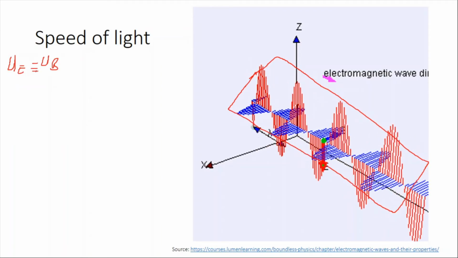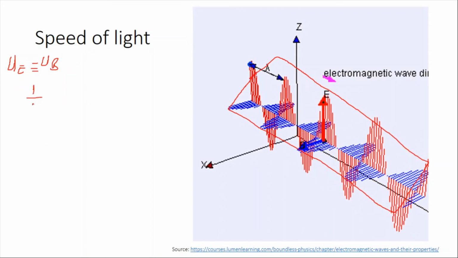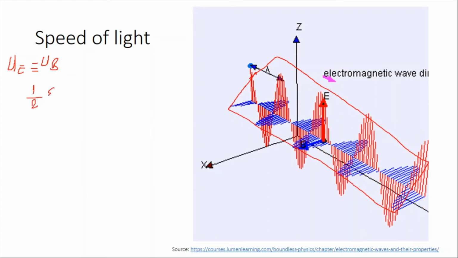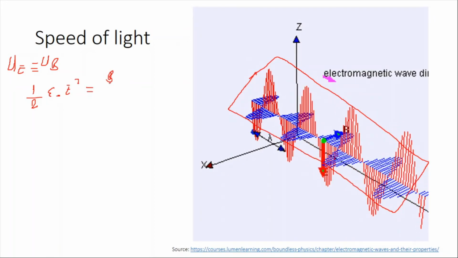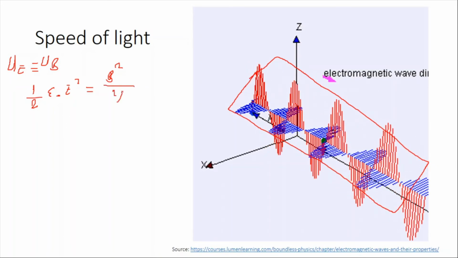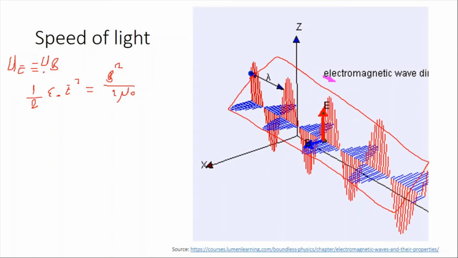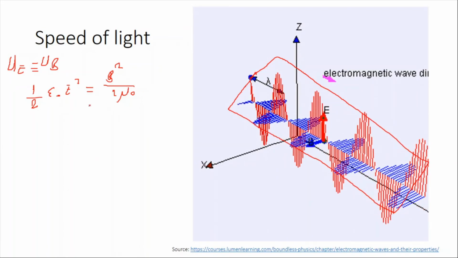For the electric field it is 1 over 2 epsilon 0 E square, and for the magnetic field it is B square over 2 mu 0. The energy densities of the electric and magnetic fields are equal to each other.